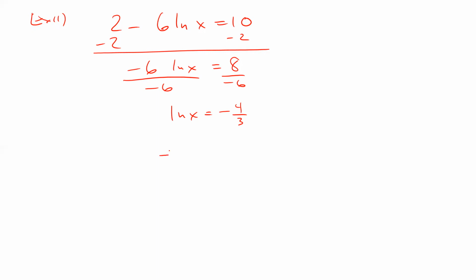You guys say put in a base, is that right? Now we've got ln all by itself. Are we good there? That cancels, and I'll go up with x is equal to e to the -4/3. Are we good?